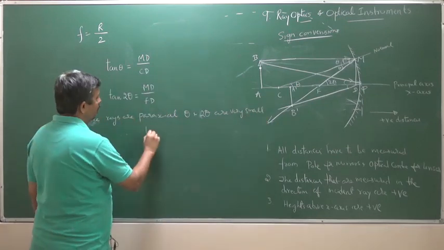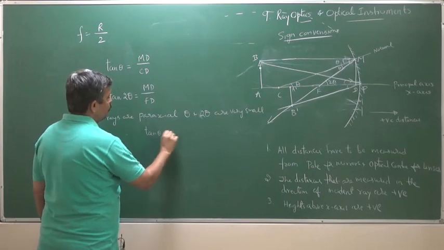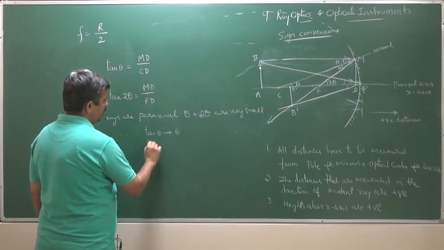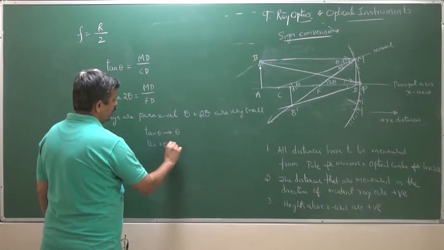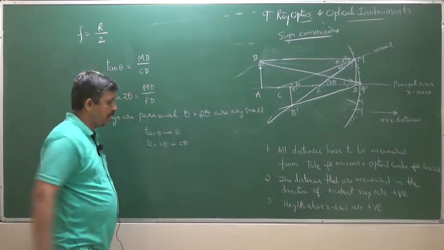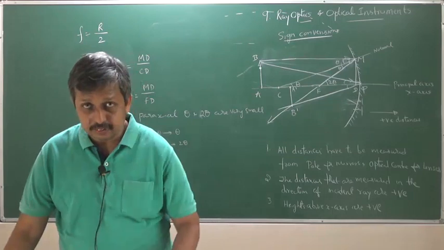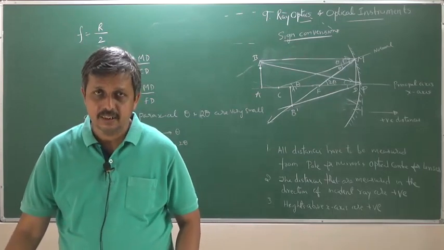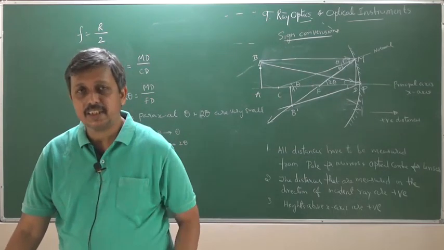Therefore, tan theta will tend to theta and tan 2 theta will tend to 2 theta. You have learned this last year: tan theta tends to theta when theta is very small.